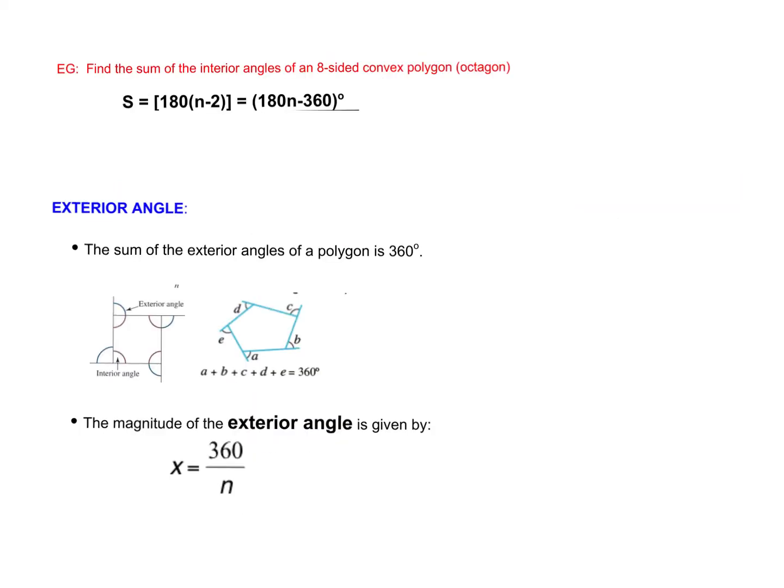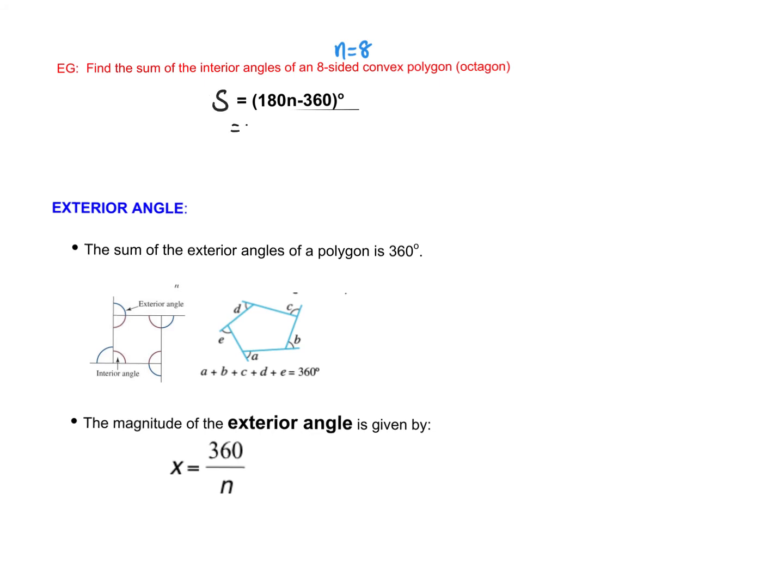Right, so if I'm just given a question, so this was the question: find the sum of the interior angles of an 8-sided convex polygon, or an octagon. So really n is 8. I've written out the sum formula. I'm going to rub this bit out so that we don't get confused, and just use this bit.